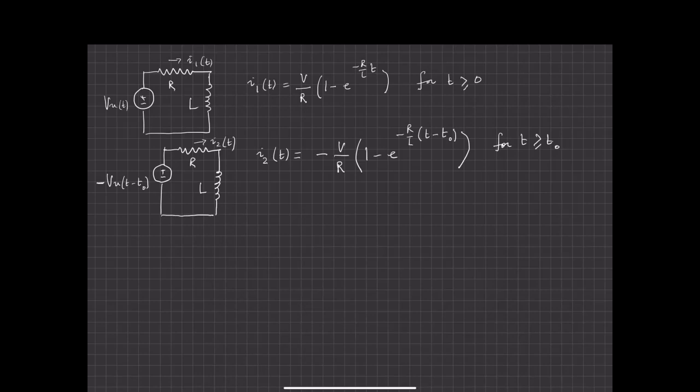So here's the solution. The solution is that I of t equals V over R times 1 minus e to the power of minus R over L t, for t lying between 0 and t naught, right?